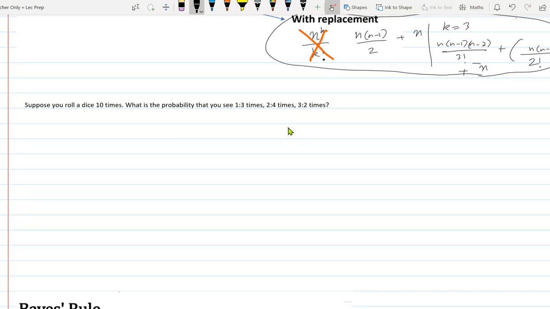So suppose you roll a dice 10 times. Now, what is the probability that you see 1 three times, 2 four times, and 3 two times? So what is the sample space?